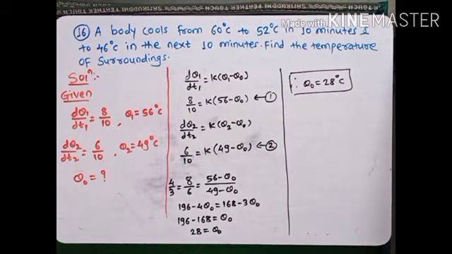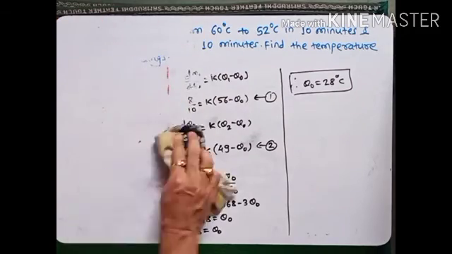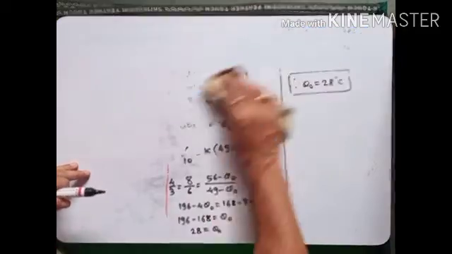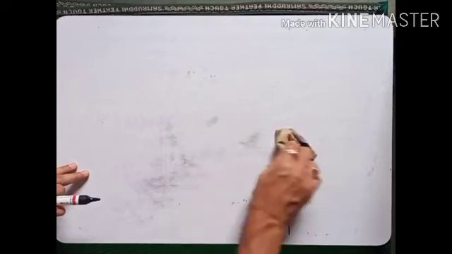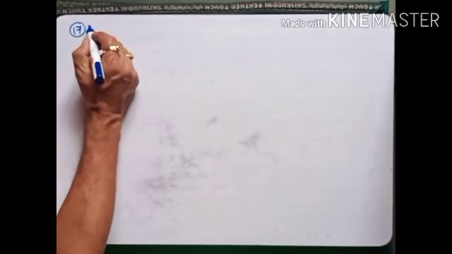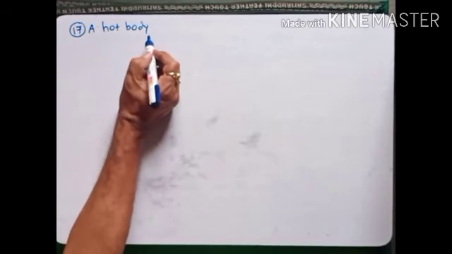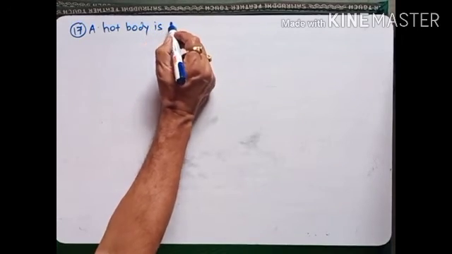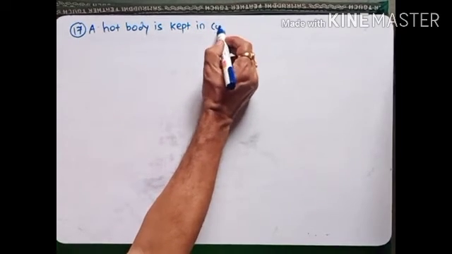Now we'll see the next example. Example number 17. A hot body is kept in cooler surrounding.